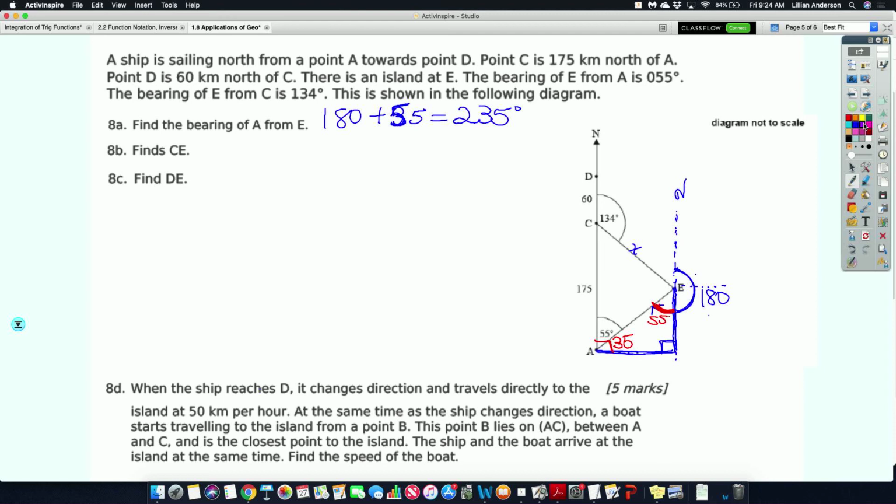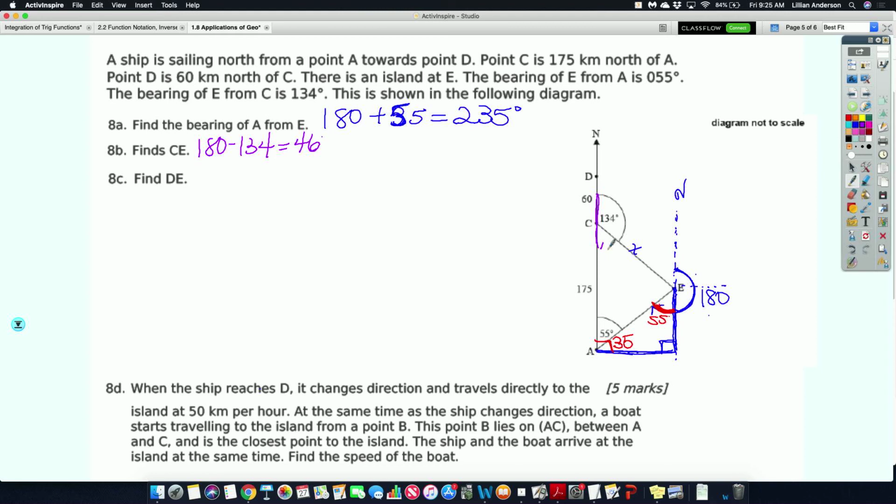So, in order to do law of sines to find segment CE, I am going to use the fact that since this is a 180 degree angle, I can subtract 134 from 180 to get 46.